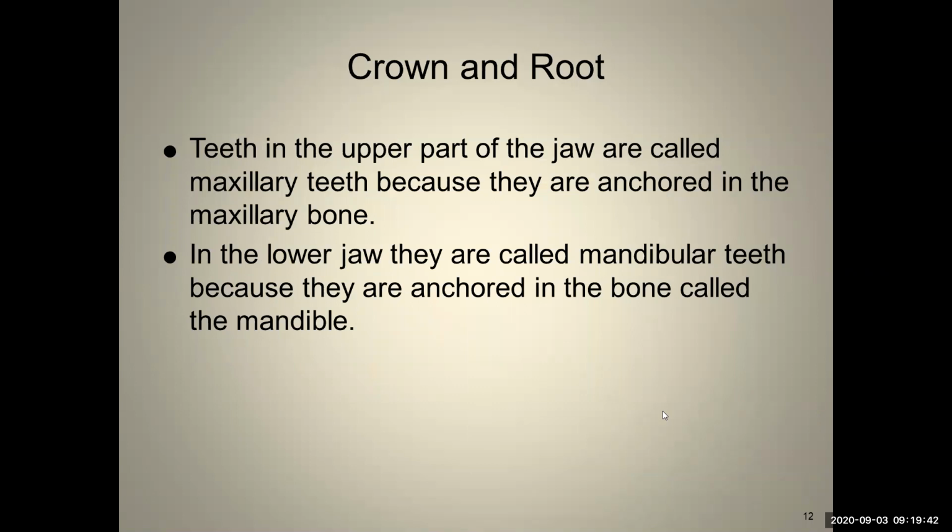The teeth in the upper part of the jaw are called the maxillary teeth because they are anchored in the maxillary bone. The teeth in the lower jaw are called the mandibular teeth because they are anchored in the bone called the mandible. Now, in some offices you could use the terms upper and lower with the doctor.